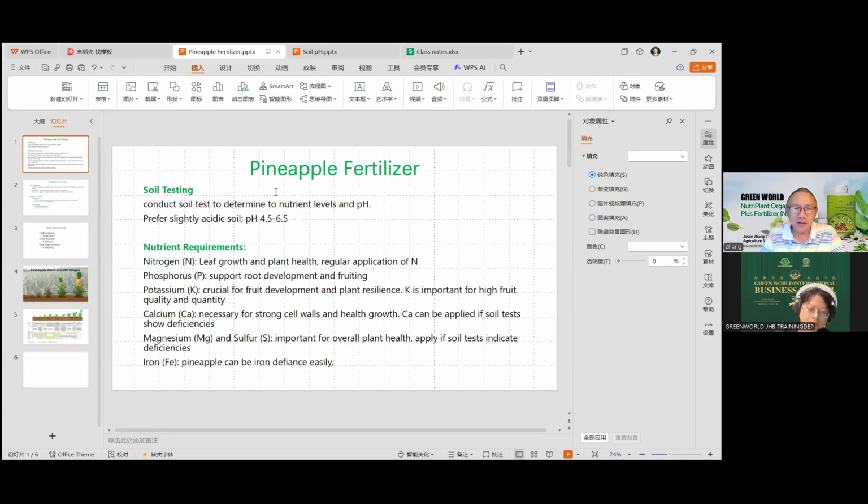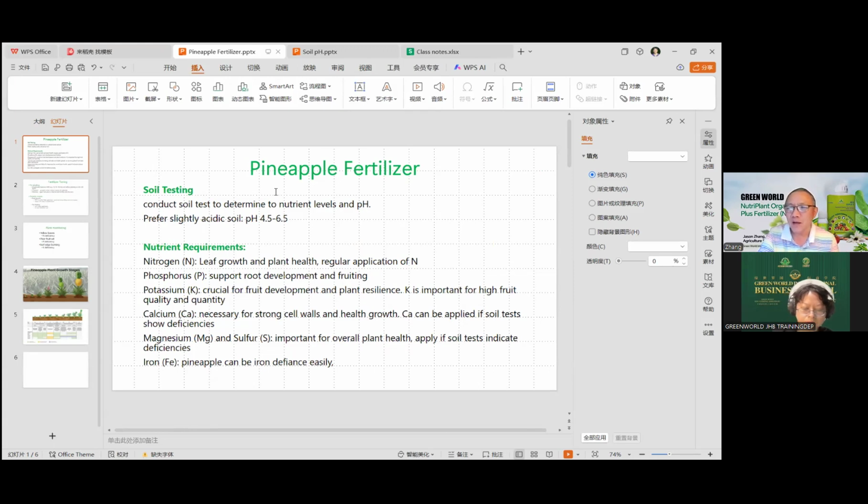As we said, nitrogen is for the green stuff. So you always apply in the soil as basal, and after your plant germinates or starts growing, you apply on the foliar or apply in the soil.